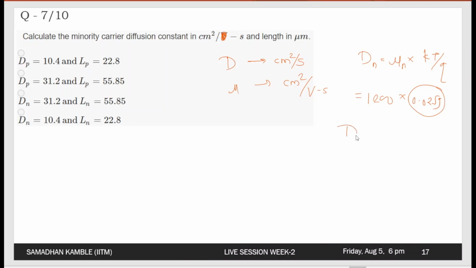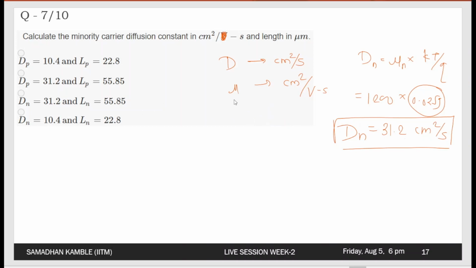So we'll have the value of diffusion coefficient Dn, which is equal to 31.2 centimeter square per second. So this is the value.